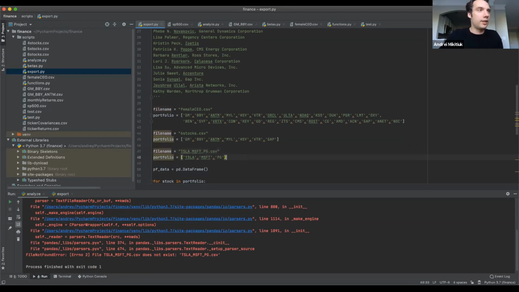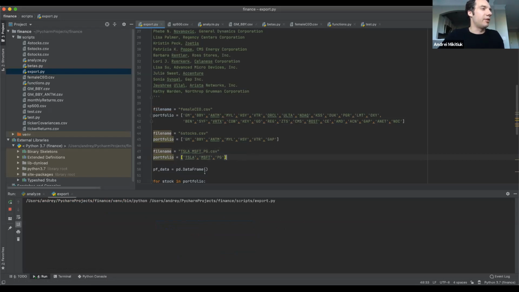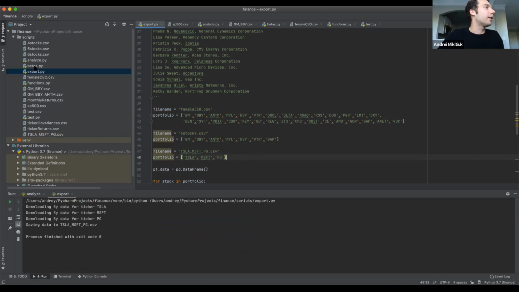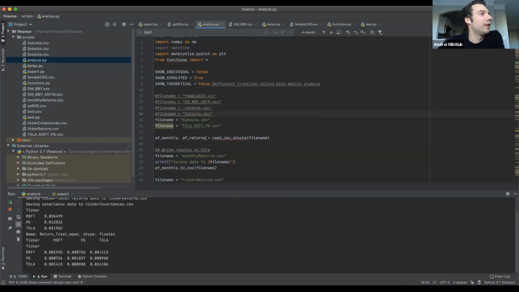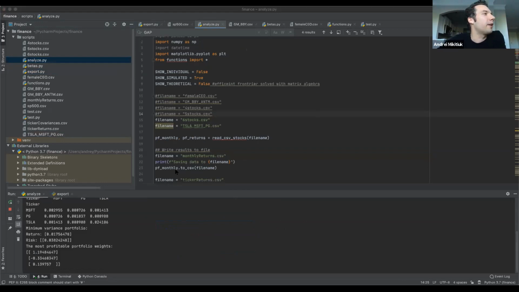Just save it. Didn't save it to the right file. Okay, now I hope I did. Now I can. So basically it's doing the same thing. And you can see, so that's our 3 stocks. And you can actually see that we basically got this part, the most risky part with lots of Tesla.